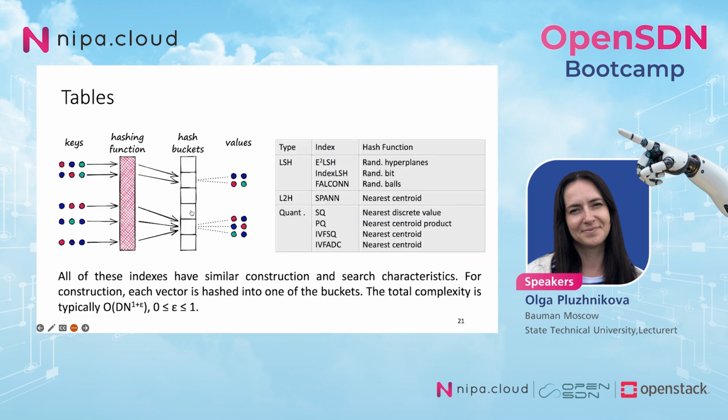The main consideration for table-based indexes is the design of the bucketing hash function. The most popular table-based indexes for vector databases tend to use randomization and learned partitions as shown in the table.